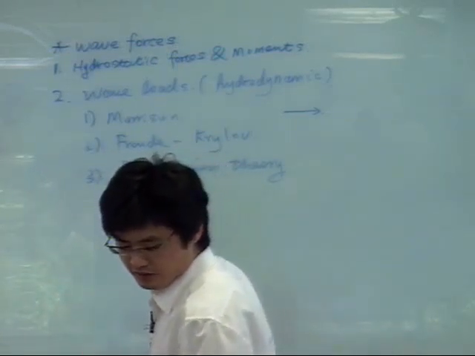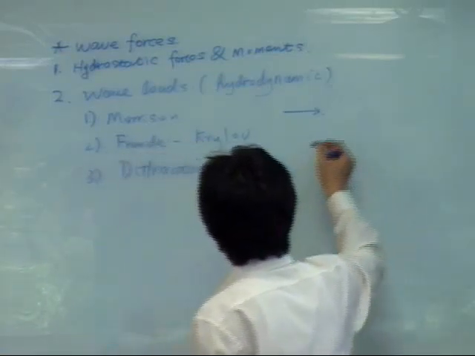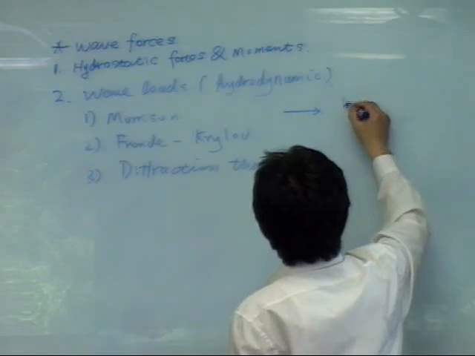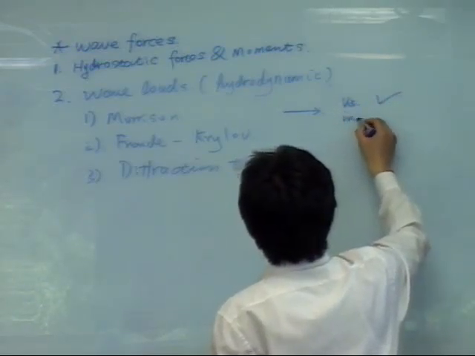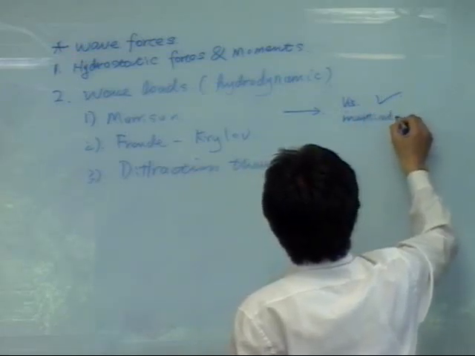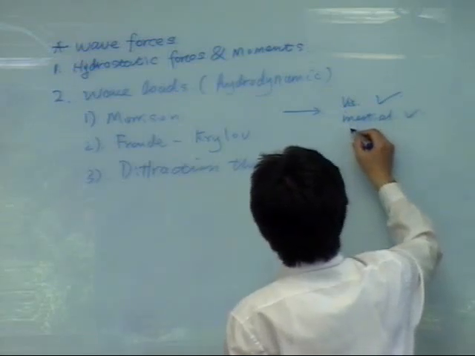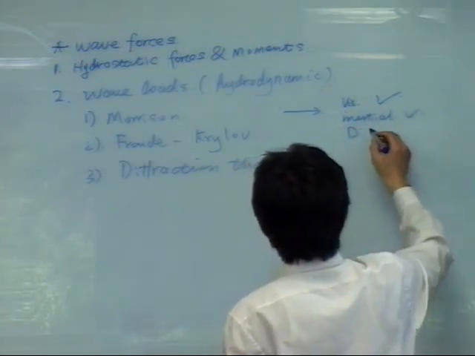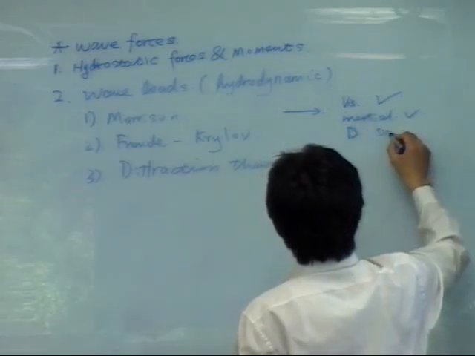This Morrison method is used when, let me write this down, viscous force is important, inertial force is important, and the characteristic scale of the structure, I use D, is small.